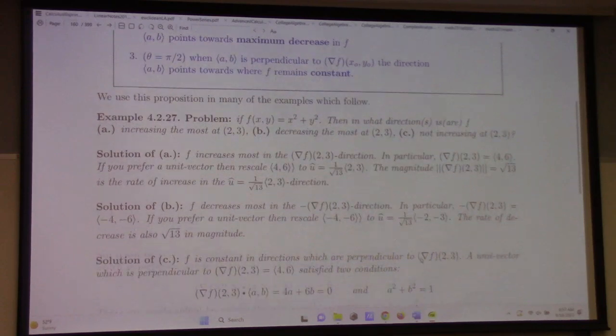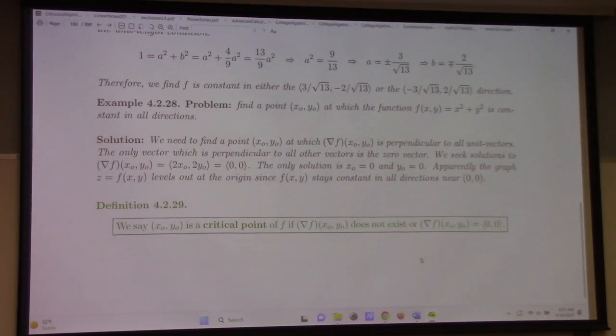do you guys remember the definition of critical point from Calc 1? What was our definition? Remember we talked about Fermat's theorem and all that stuff. If the derivative either doesn't exist or if it's 0, it's a critical point. And we learned that those are exactly the points where the function could have a max or a min, right? Doesn't have to, but it could. Same thing happens here.